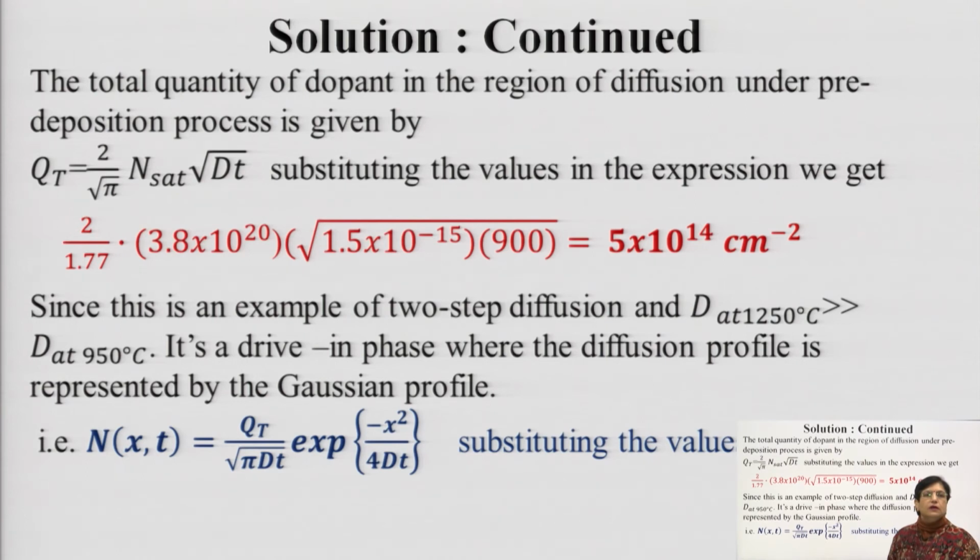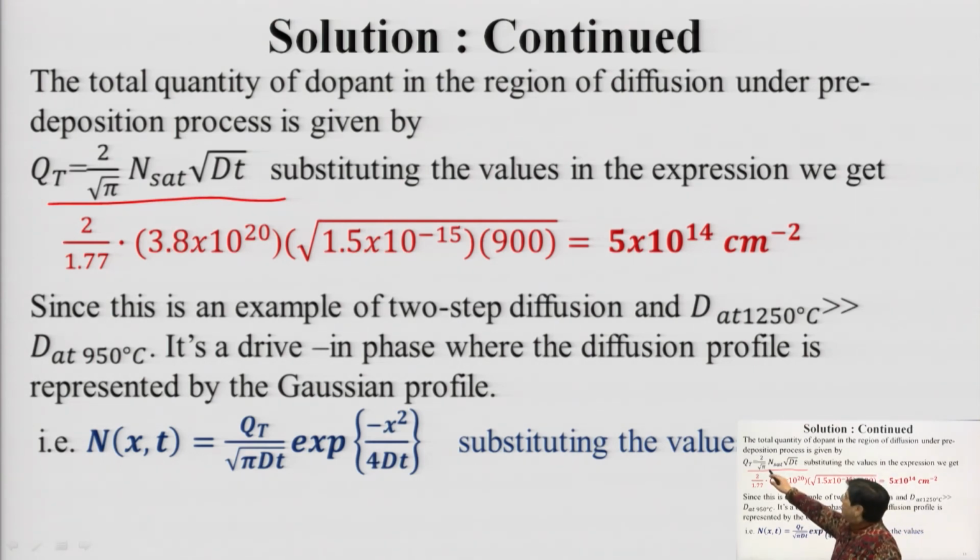Based on this, we are proceeding further to the second part, where the total quantity Qt is given. The equation is Qt equals 2 under root pi, n saturation, under root dt. Now, n saturation is given to you, so you can calculate the value of Qt.